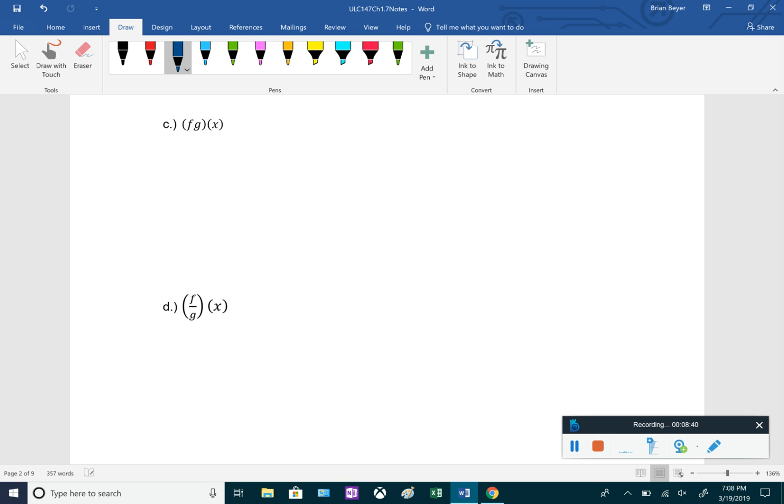Okay, next one, (f times g) of x. For this one, that means we're multiplying, so it's going to be f of x times g of x. So that's going to be (2x minus 1) times (x squared plus x minus 2). So we have to distribute, right? We have to distribute the 2x into every term in the second polynomial and also distribute negative 1.